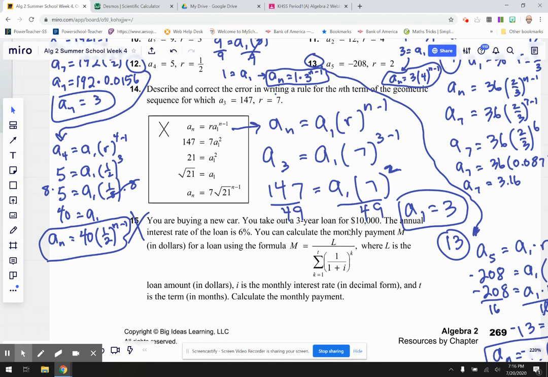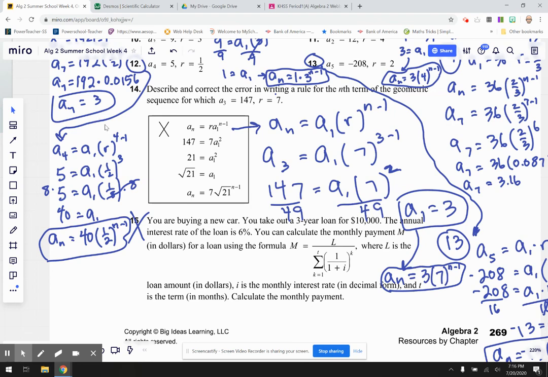Let me write it in there for you. So A to the n equals 3, and then the common ratio was 7, and then n minus 1 power. That's what they should have gotten instead of what they got down here. That's not correct. So this is correct right here.